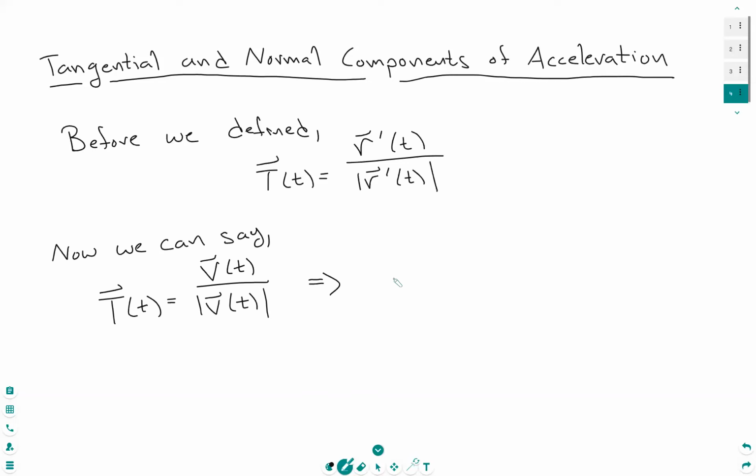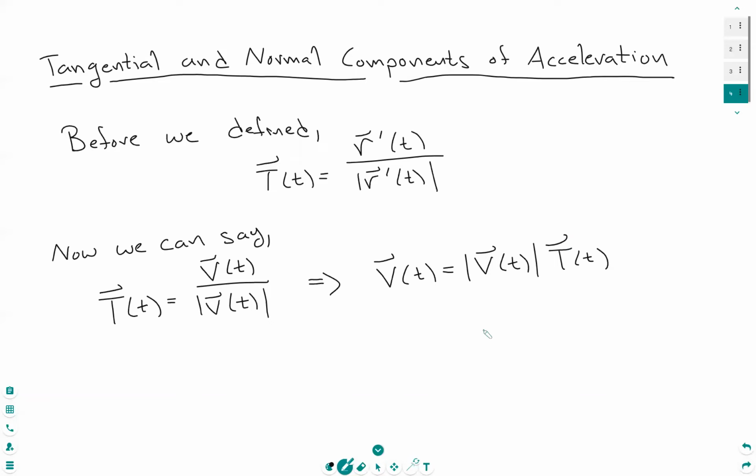And another way to decompose this would be to say that our velocity is equal to our speed in the direction that we're traveling in.